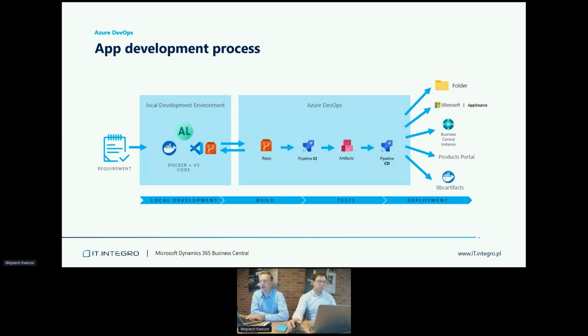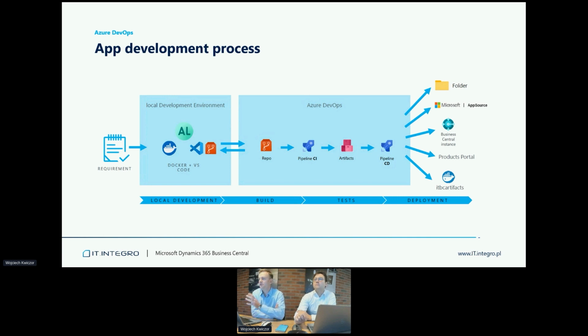He will use Visual Studio to change the objects, of course, in AL language, and everything can be checked on the virtual structure, our Docker, where the application will be composed, simulating the real case, and that's all.